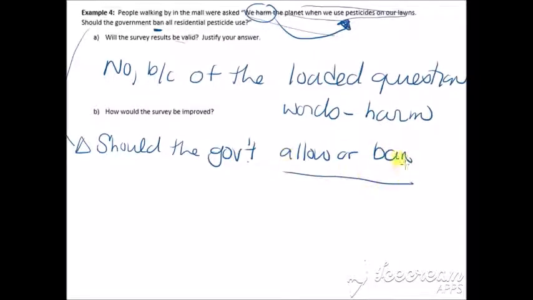It's giving two options, right? I also think the word all is very forceful. Like it's very aggressive. All of it, no matter what, no questions asked, right? That kind of connotation behind it.